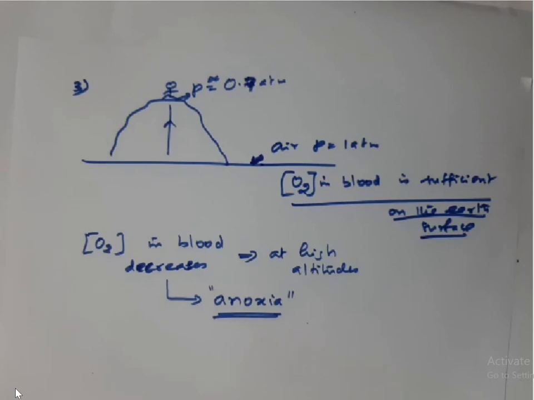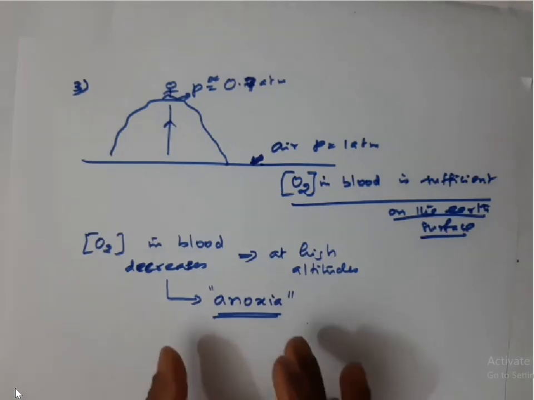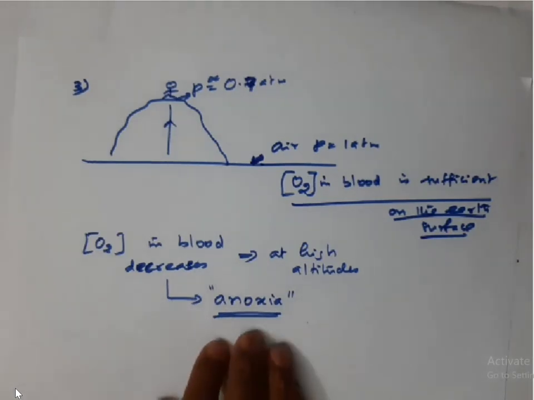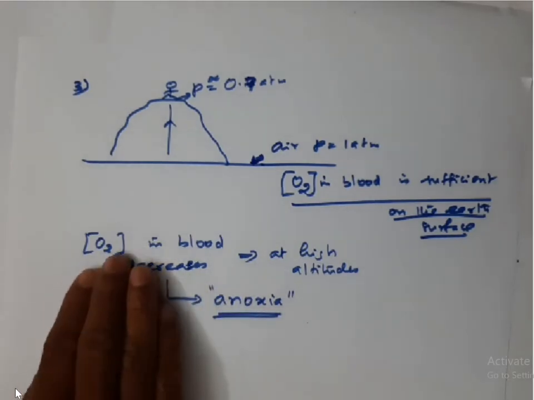If it goes slightly down, people will yawn. If the decrease is more, then they cannot even think. They'll get a lot of problems, and that condition is what we call anoxia. Anoxia is nothing but low concentration of oxygen in blood.